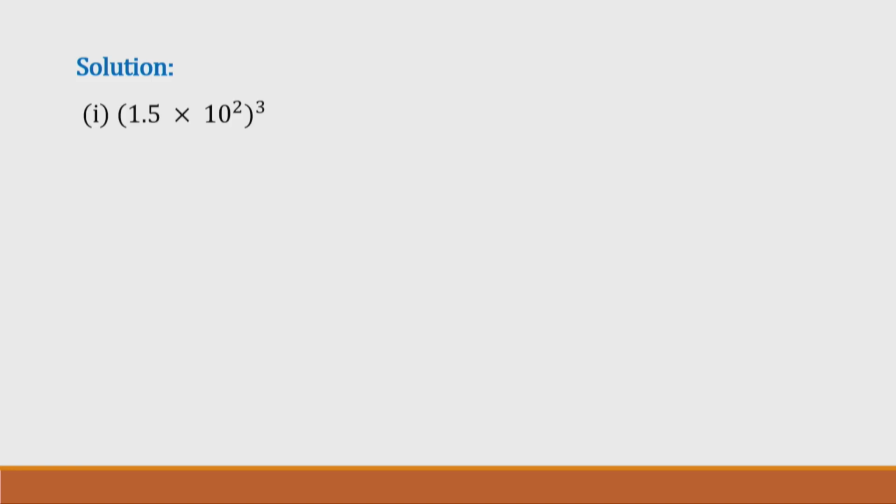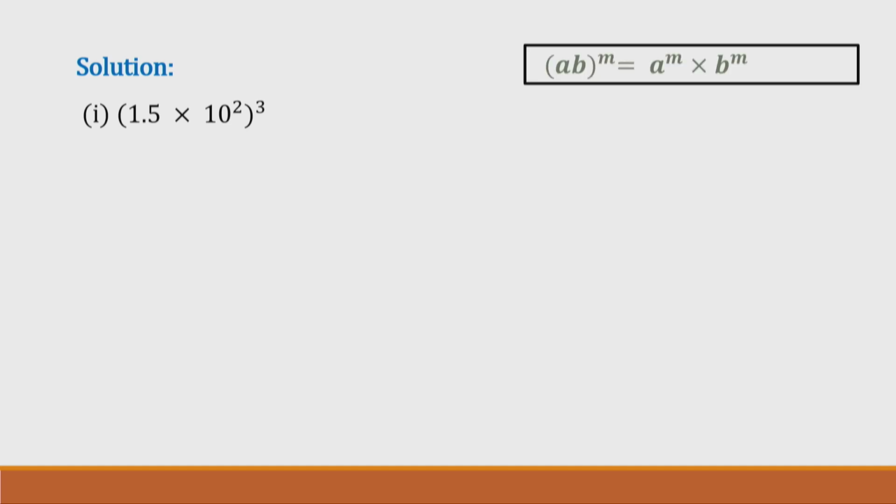1.5 times 10 to the power of 2, the whole of it to the power of 3. So let us see how we are going to rewrite this. Remember your laws of indices. (ab) to the power of m is a to the power of m times b to the power of m. We are going to use the laws of indices here.